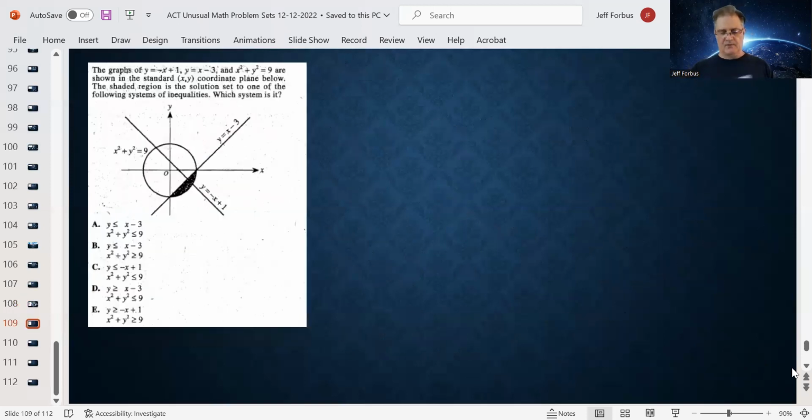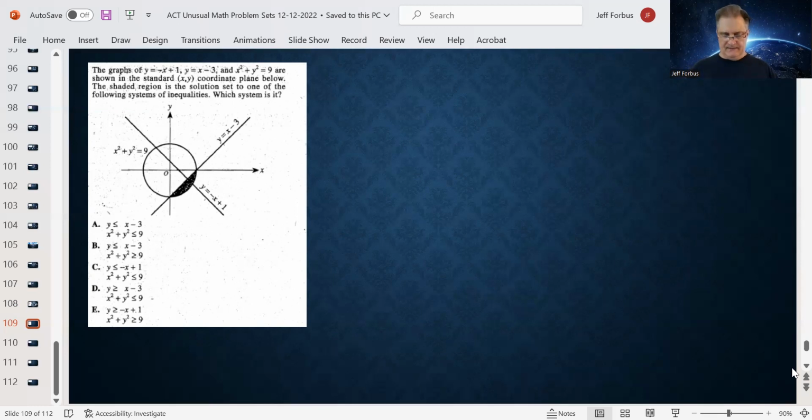Okay, so we have this circle. It says the graphs of y is equal to negative x plus 1, y is equal to x minus 3, and x squared plus y squared is equal to 9 are on the coordinate plane. The shaded region is the solution set to one of the following systems of inequalities.